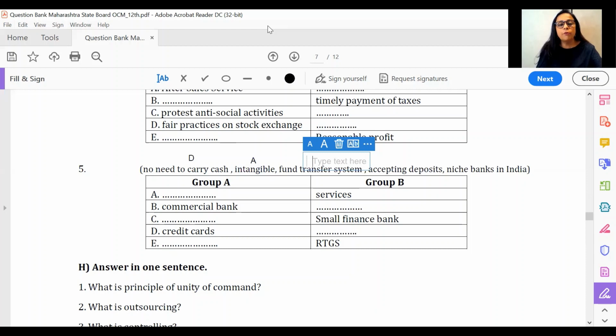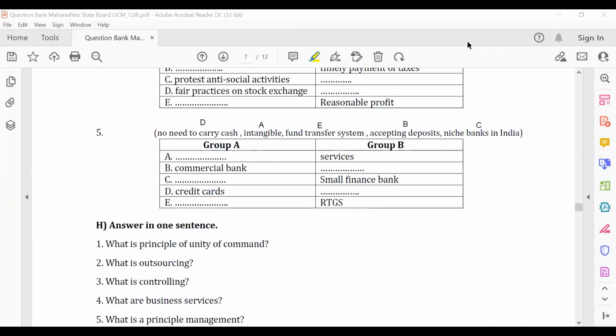And that's where you have option number E. Accepting deposits is the first primary function of a commercial bank. And that's your option B there. Last match the pair here is the option of niche banks in India, which is the example of small finance banks.